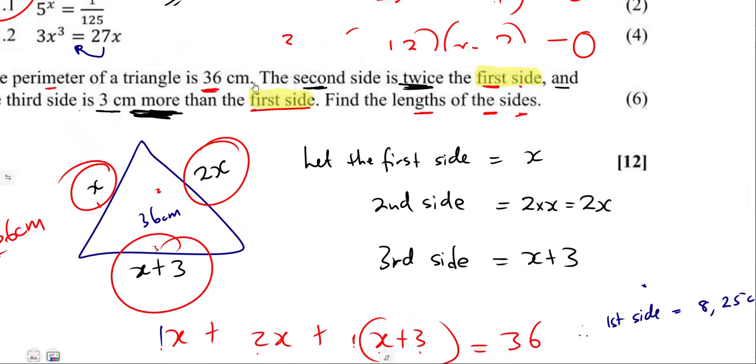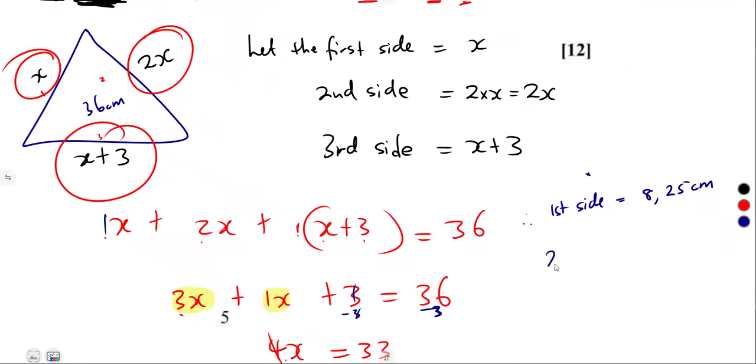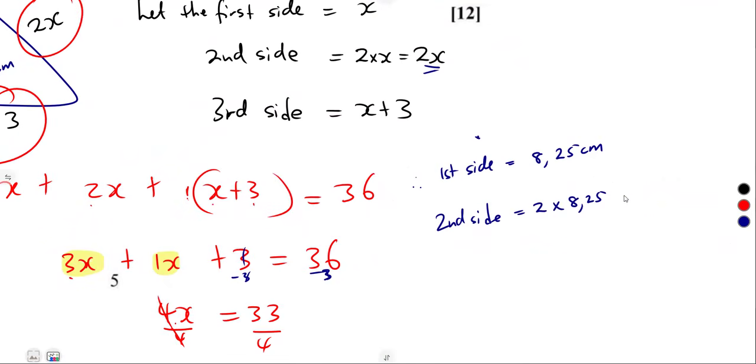These are given in centimeters, the perimeter. What about the second one? The second side is given as 2x. So that's 2 times our x, which is 8,25. So simply multiply times 2. That is going to give us 16,5 as a decimal. So that's 16,5 centimeters. This is the second side.